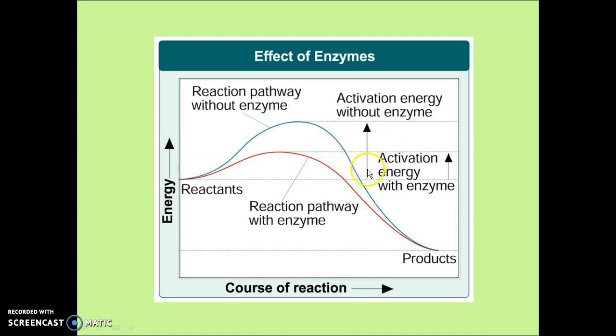Notice that the activation energy without the enzyme is pretty high. So you need to input a lot of energy to get your reaction started so you can go from reactants to products. Now, in red, we see the same reaction, but this time that reaction is assisted by an enzyme catalyst. So notice that our activation energy with the enzyme is a lot smaller. So if we don't have as much energy to put in, our reaction is probably going to proceed more quickly.